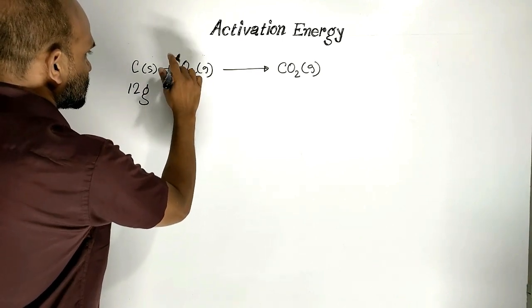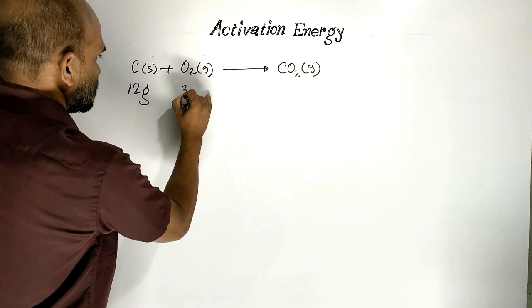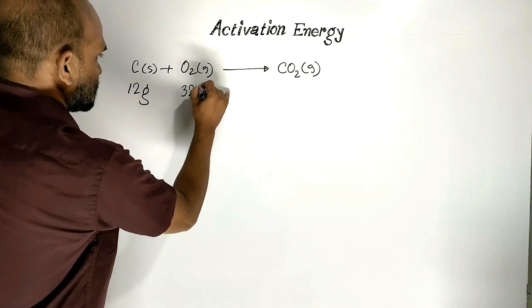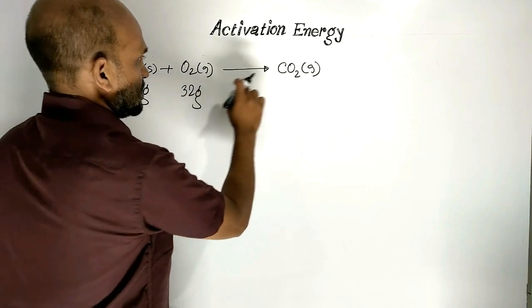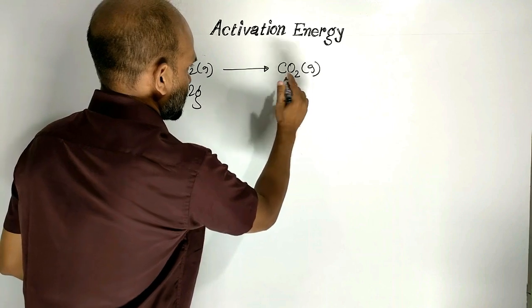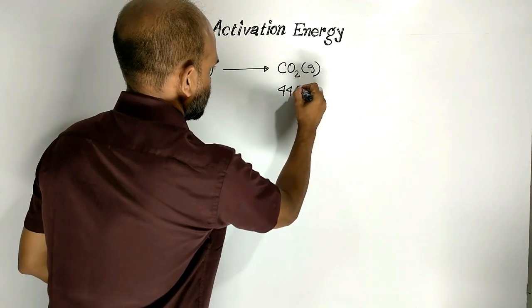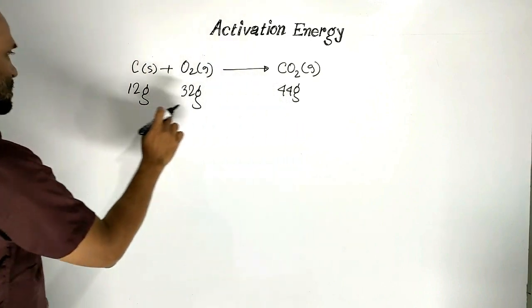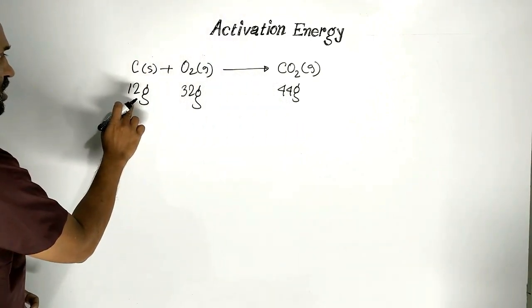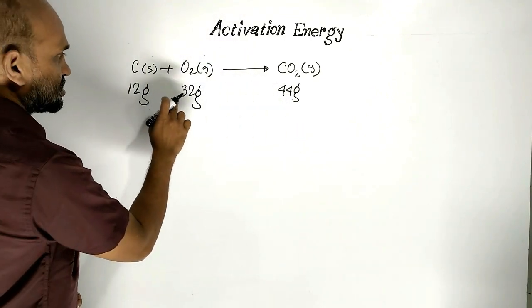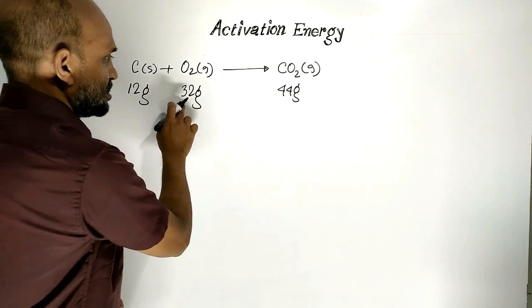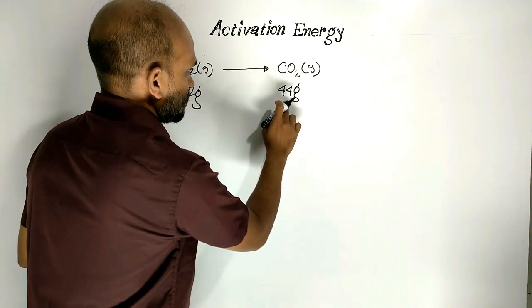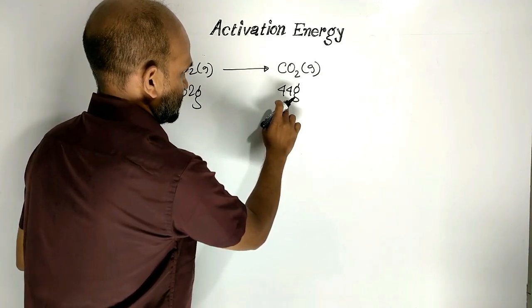Gram molecular mass of oxygen 32 gram. Gram molecular mass of carbon dioxide 44 gram. That is, here 12 gram carbon reacts with 32 gram oxygen to form 44 gram carbon dioxide.